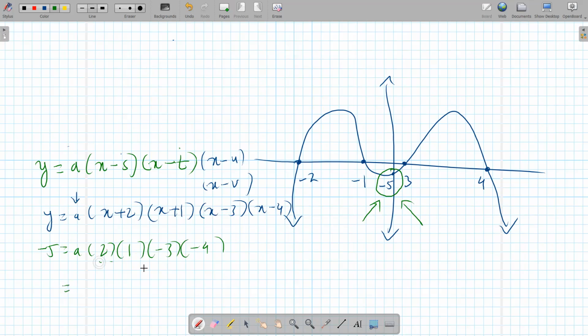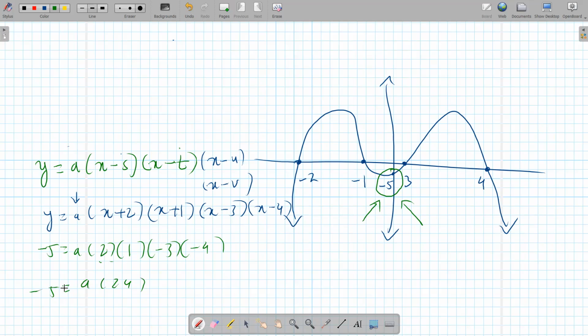Tell me what this is. 2 times 1 times -3 times -4. 24. Right, 4 times 3 is 12. The negatives cancel out. So we have a times 24 equals -5.